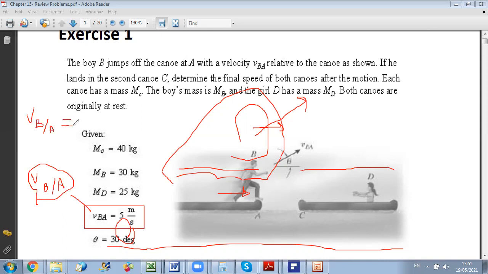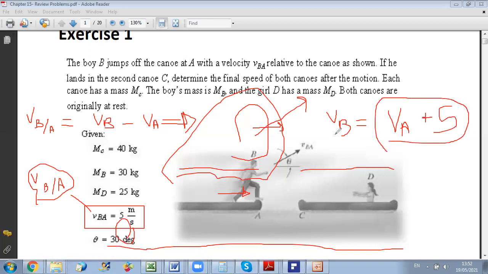So I have VB relative to A is VB minus VA, right? So I will use it to express VB as a function of VA. Since they gave me the relative velocity, I can write that VB can be written as VA plus 5. Okay, and so this will give me the absolute velocity of B.